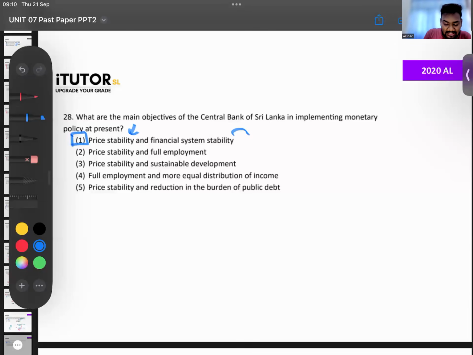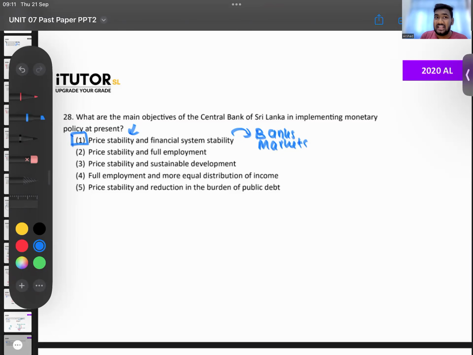Financial system stability means, guys, the financial system is properly functioning. The banks are not collapsing. The financial markets, the treasury bill, treasury bond markets, all of that is properly functioning and going. Remember in my theory class, I explained how Ceylon Bank was going to collapse because of this issue with the finance, how customers started withdrawing their money from Ceylon Bank, how the central bank intervened and protected Ceylon Bank.